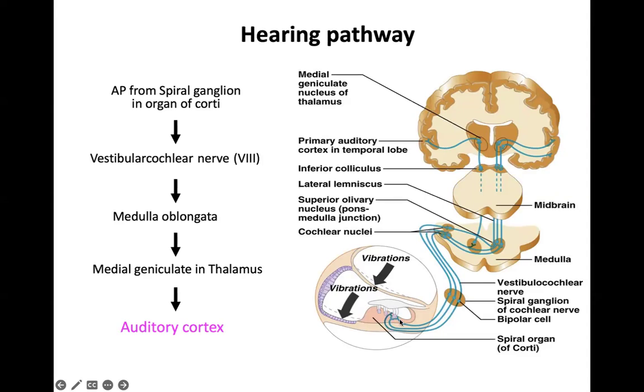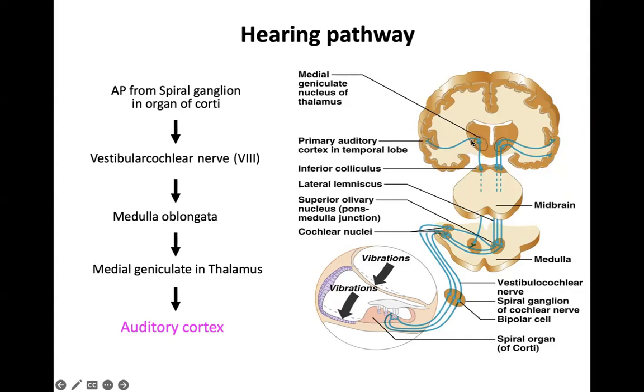It will go to the cochlear nerve, which will combine with the vestibular nerve, becoming the vestibulocochlear nerve, and then go to the brainstem, go up into the brain, and then eventually reach the primary auditory areas.